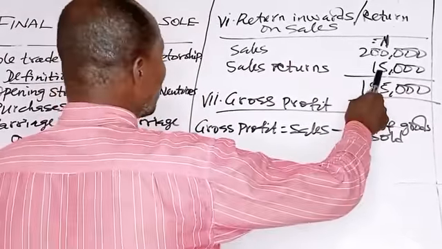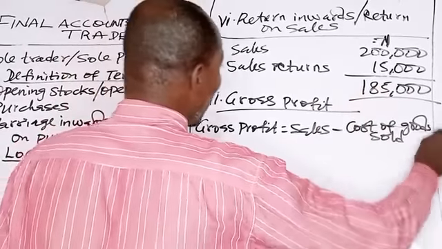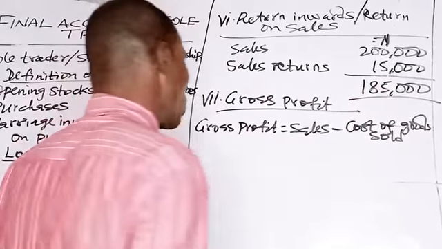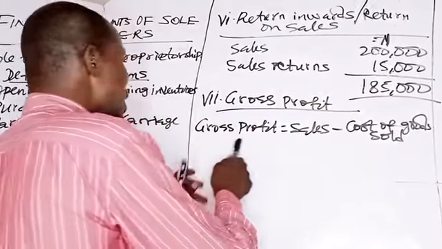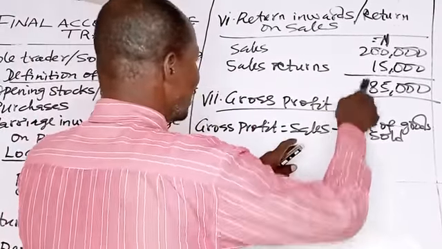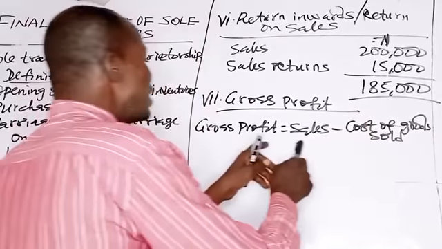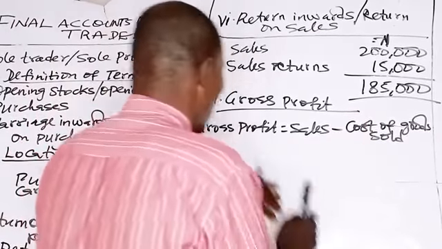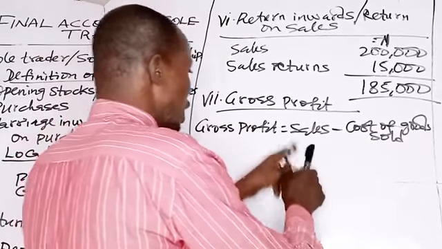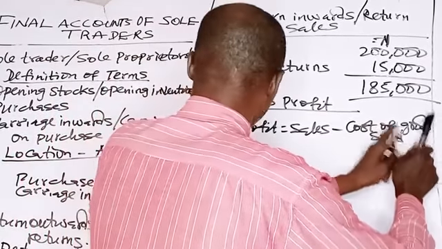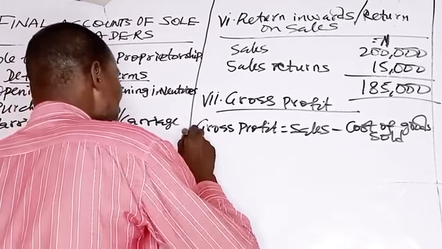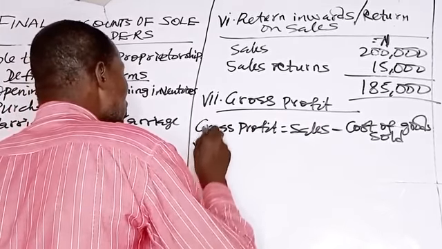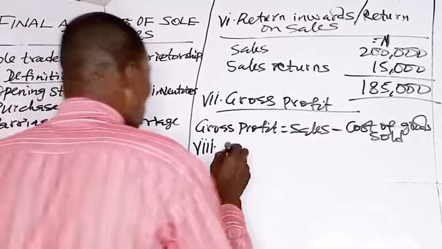But if return inwards is given, then your turnover is 185,000 in this case. So your turnover is your net sales, which is sales less sales returns. So gross profit is net sales minus cost of goods sold. Therefore, what is cost of goods sold?